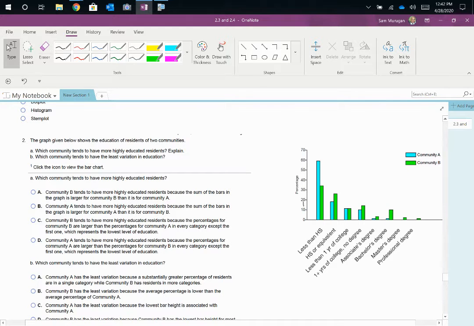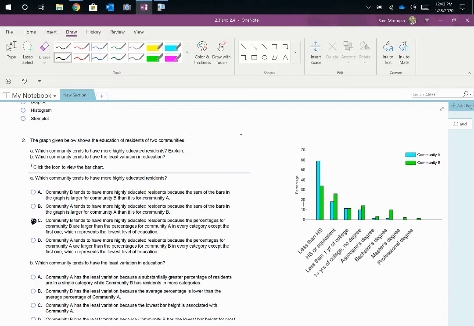So you can see that in all of the categories except for less than high school, community B is ranking higher than community A. So clearly community B has the higher number of highly educated, because the percentages are larger than community A's in every category except the first one.